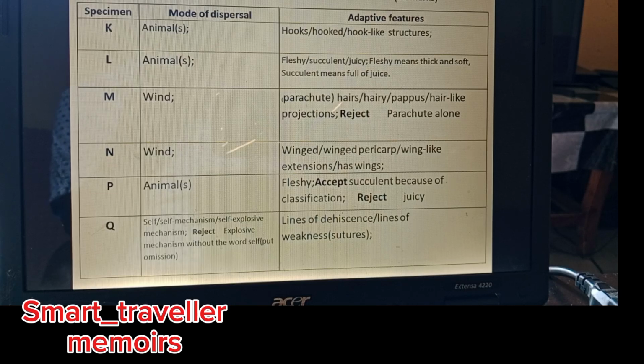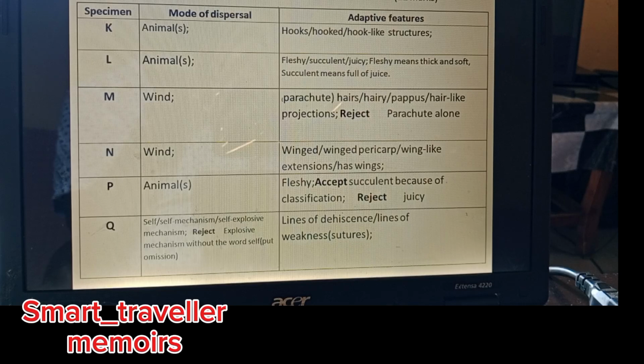All right. M, wind. Adaptive features, parachute hairs, or you can say hairy, or you can say pappus, or you can say hair-like projections. Reject parachute alone. N, wind.